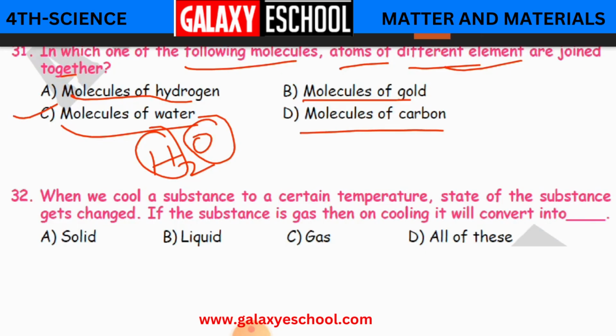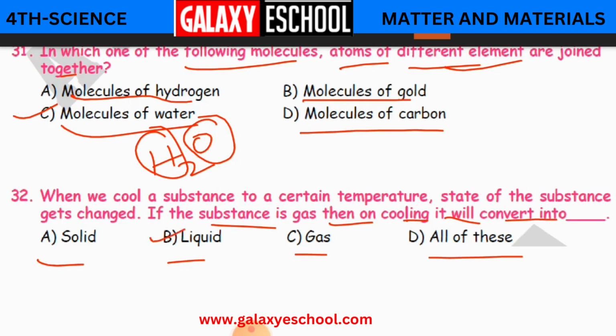When we cool it to a particular temperature, the state of the substance is going to change. If the substance is a gas, then on cooling it will convert into what? The options are solid, liquid, gas, all of these. And the answer, children, is liquid. B is liquid.